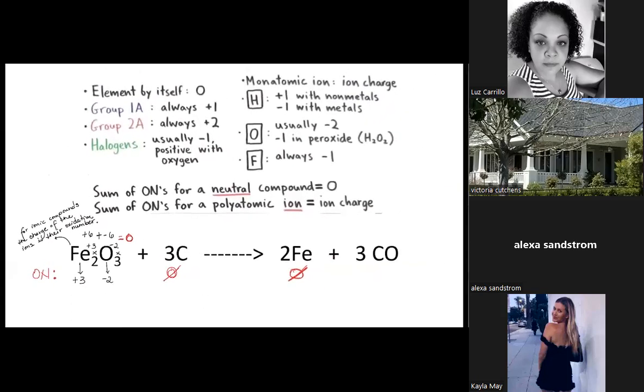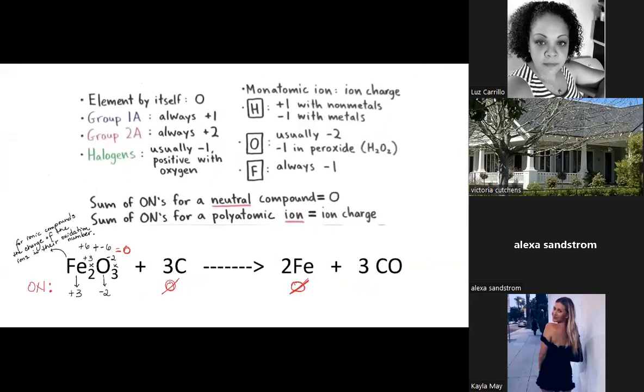And then you can see here in the rules how your halogens are -1 unless they're paired with oxygen. Oxygen is always -2 unless it is in peroxide. That's the only instance.